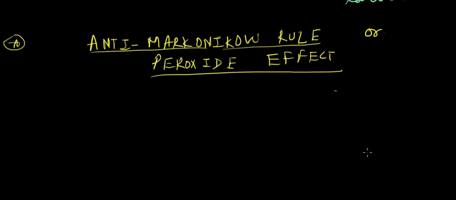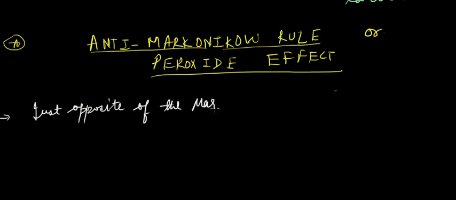This rule is just opposite to the Markonikow rule as the name itself suggests, and the product formed is just the position isomer of the product formed in Markonikow rule. Just writing it informally, it is just opposite of the Markonikow rule.